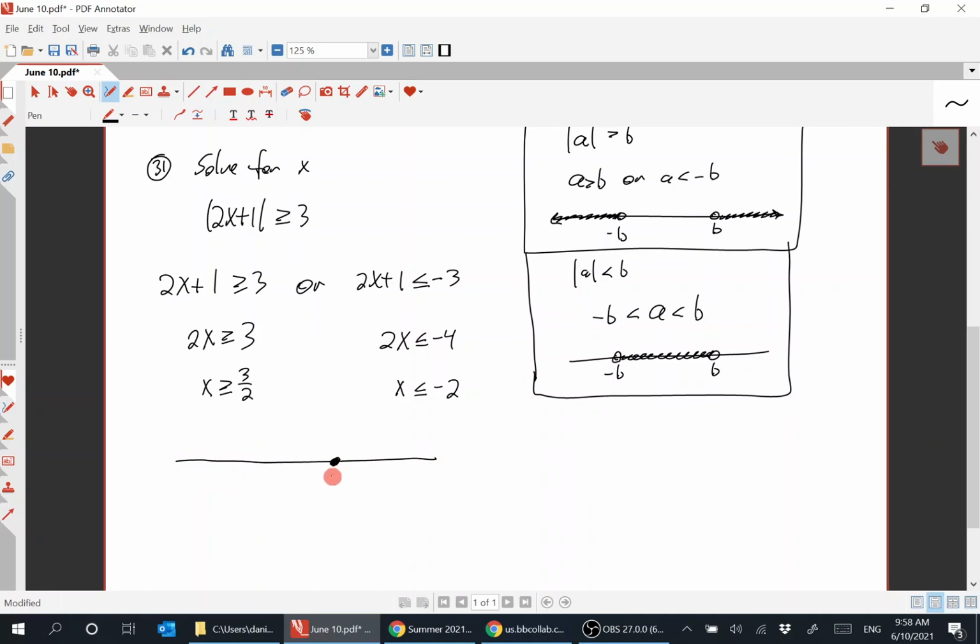So since it's bigger than or equal to, you use the solid dot. And also x could be less than or equal to -2. So in interval notation, looks like that. Okay.